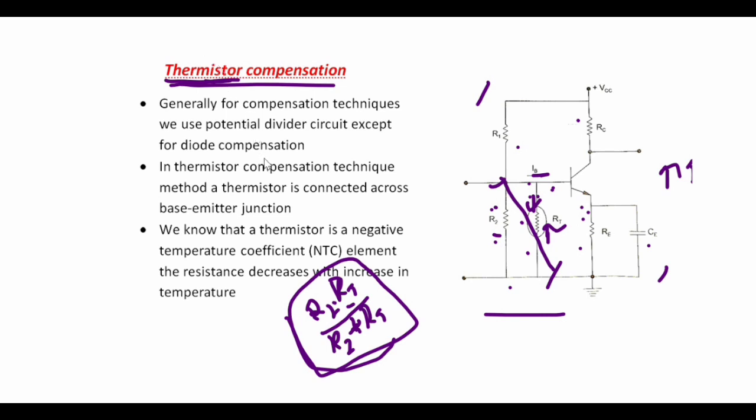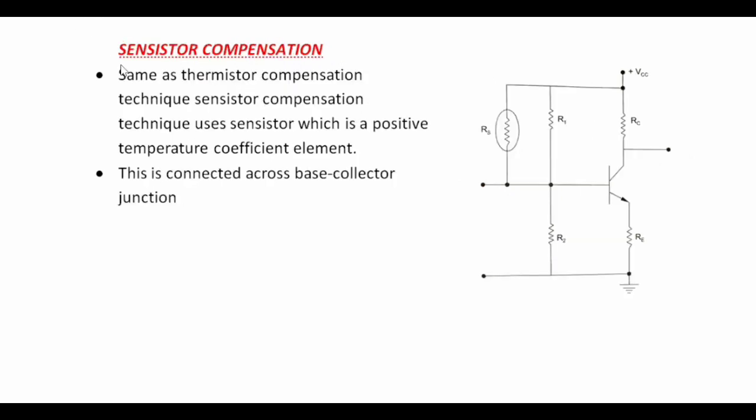Okay, we have seen this, and let us move to the sensistor compensation technique. Earlier we saw the thermistor compensation technique, in which the resistor is connected across the base emitter junction.